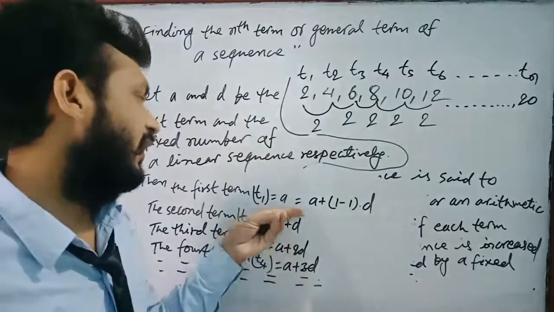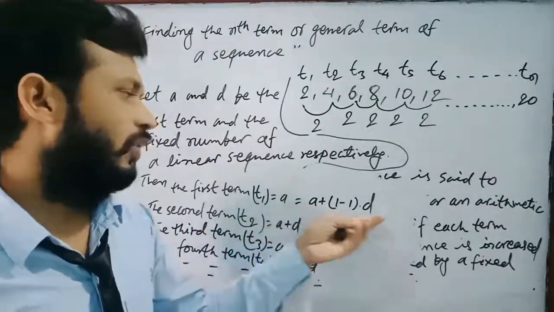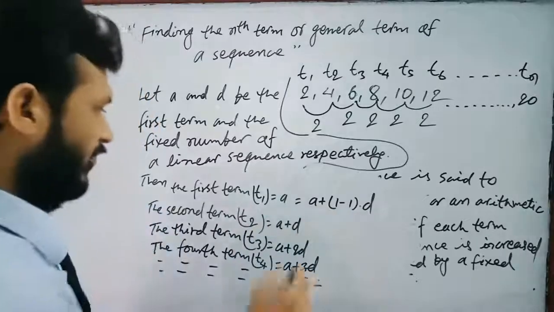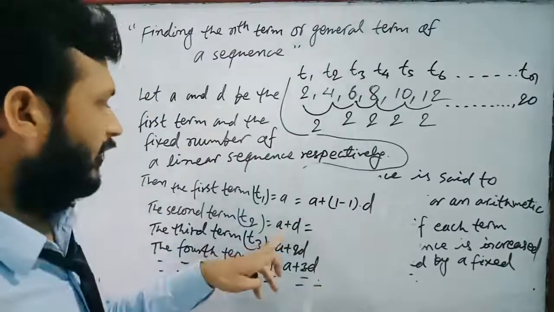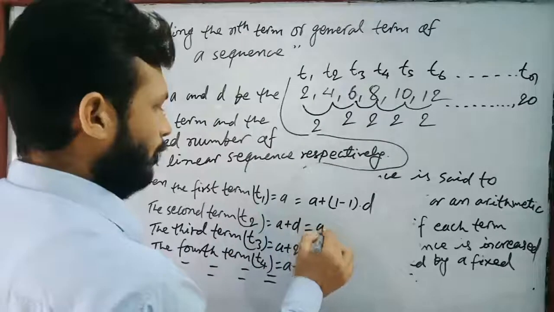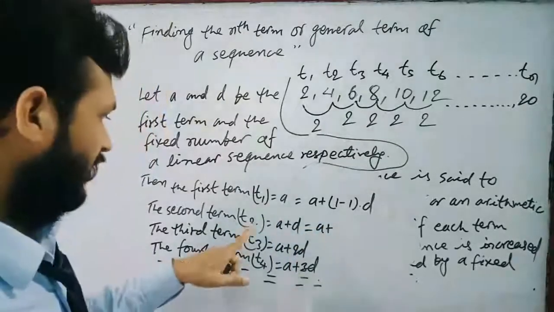So we can write A equal to A plus 1 minus 1 times D. Then also we write A plus D equal to A plus D.